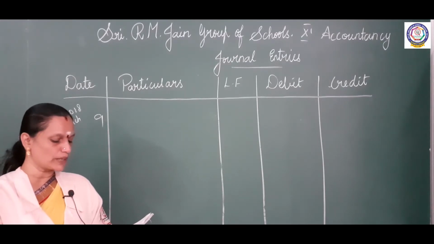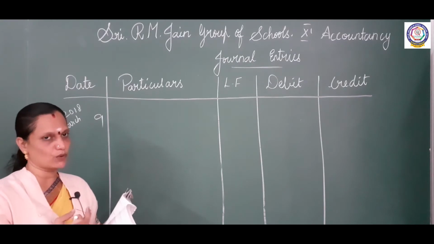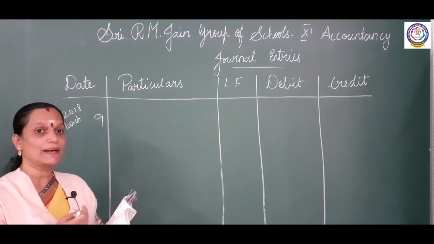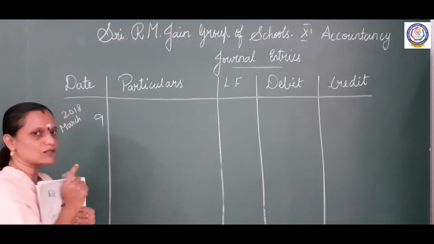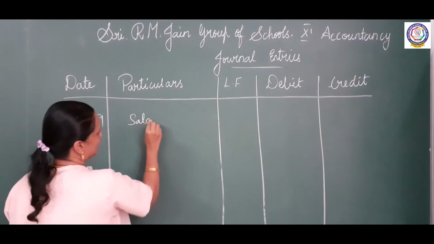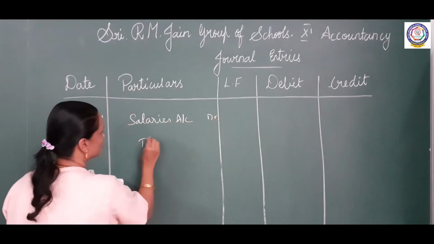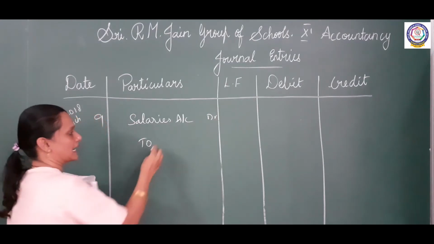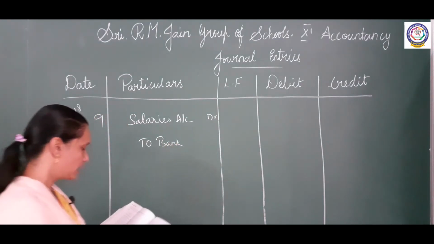Salaries paid through ECS. So salary they are paying. Salary is an expense, you know very well. It is a nominal account, but they are paying to the bank only. Debit all expenses and losses. So salaries account debtor to bank.